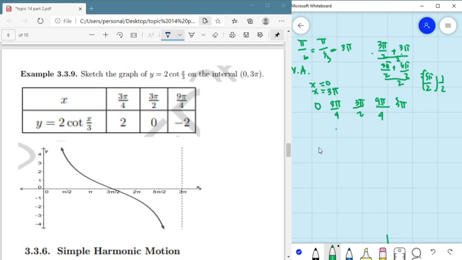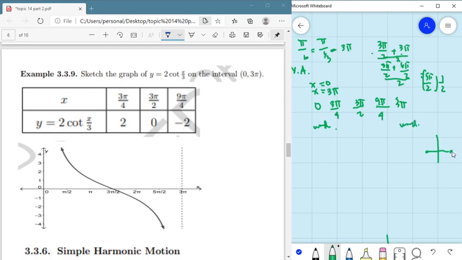So where does cotangent become undefined? Where sine is 0, at 0 and 3 pi.